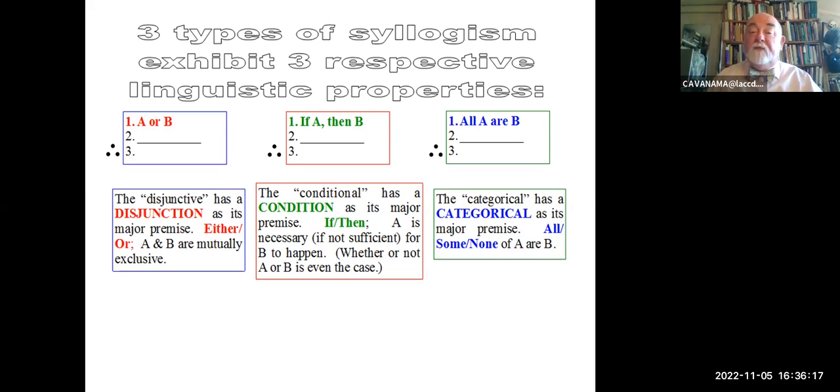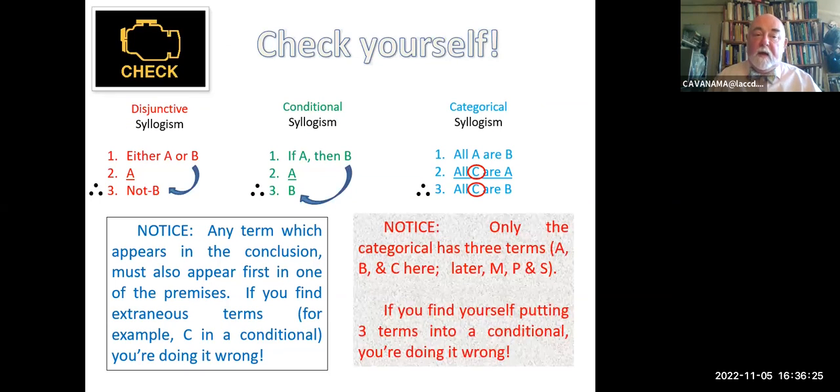We'll pick up in chapter 5. But you can tell right off the bat by looking at the major premise what kind of syllogism you have. And again, the check engine light should come on: any term which appears in the conclusion must have first appeared in one of the premises. So if you find not B in the conclusion of your disjunctive syllogism, check and see if there's a B somewhere in at least one of the premises.